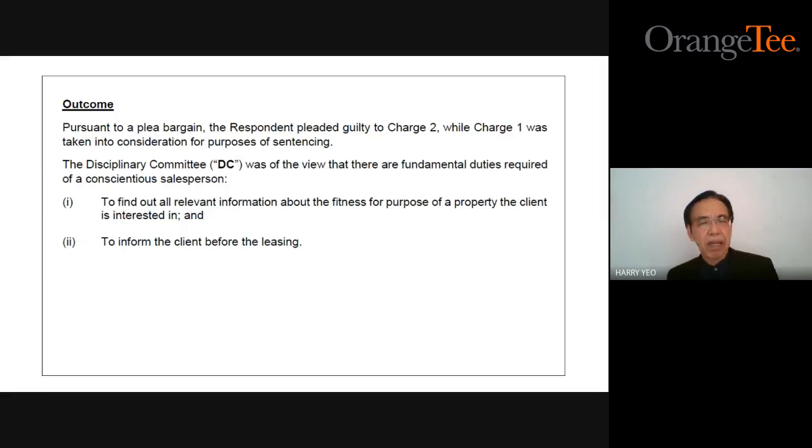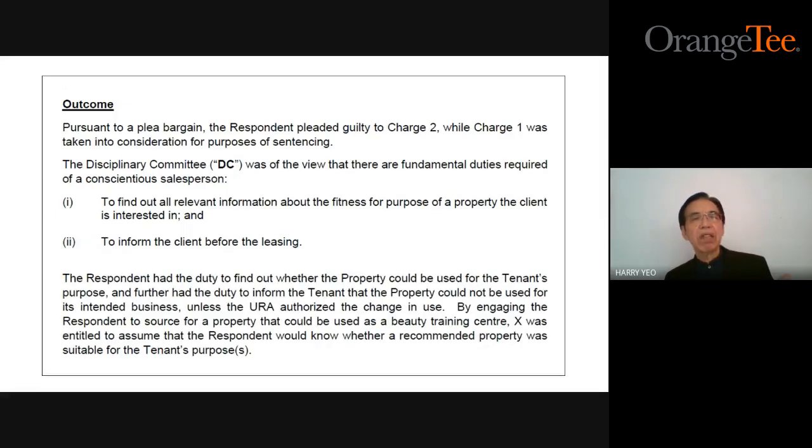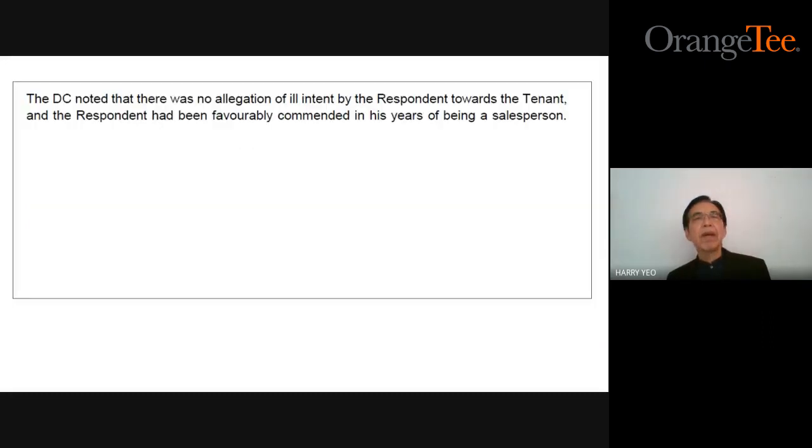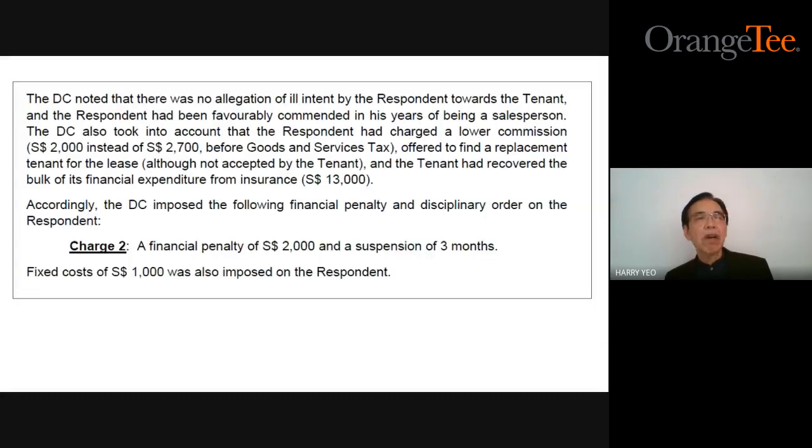So the outcome is that the agent was found guilty. In sentencing him, they found that he is incompetent, although he has 11 years of experience. As a result, he was fined $2,000 and suspended for 3 months. Why was the agent fined?